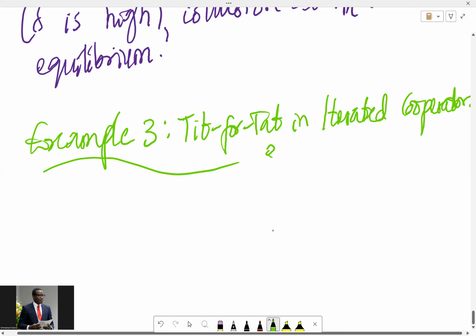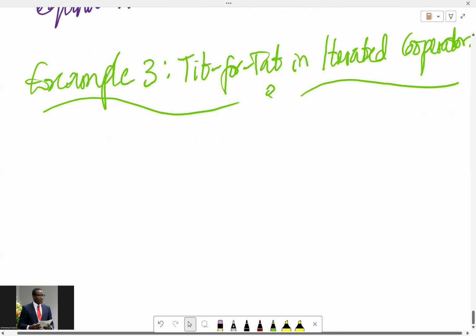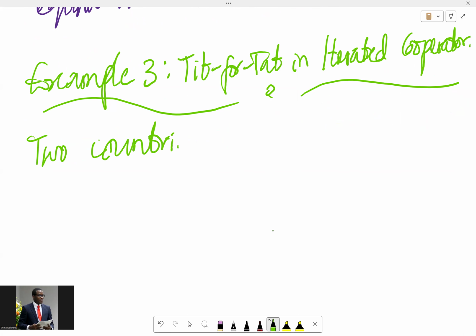So here, imagine that two countries engage in trade tariffs.